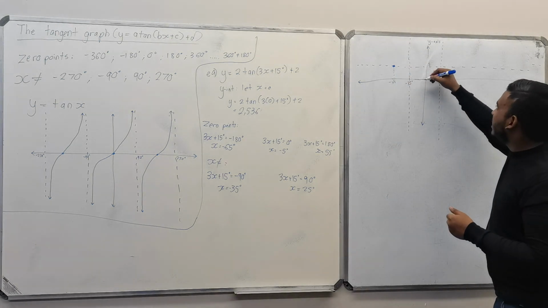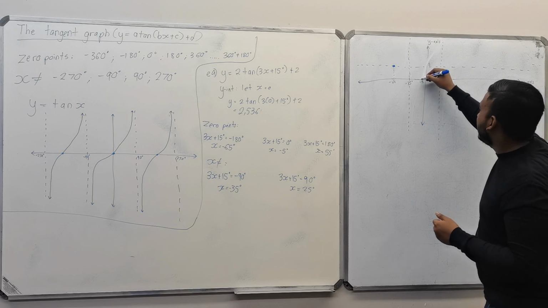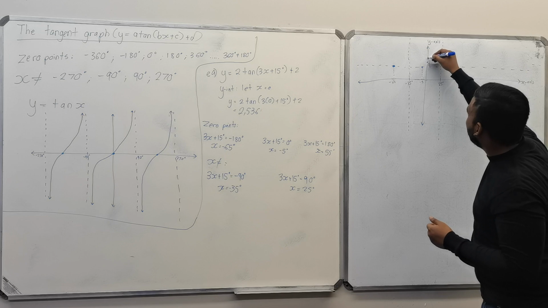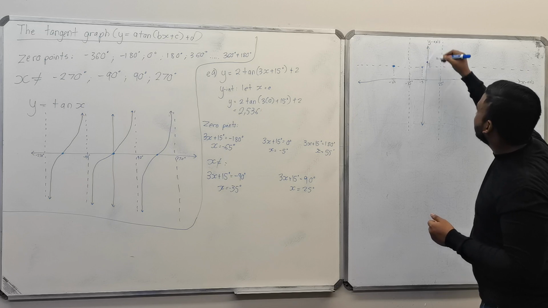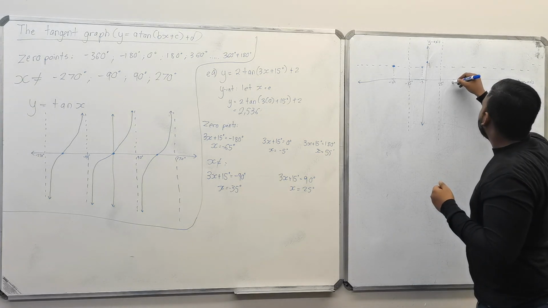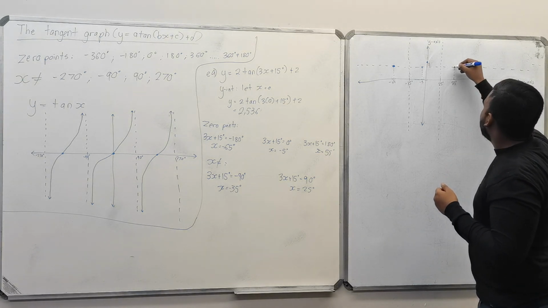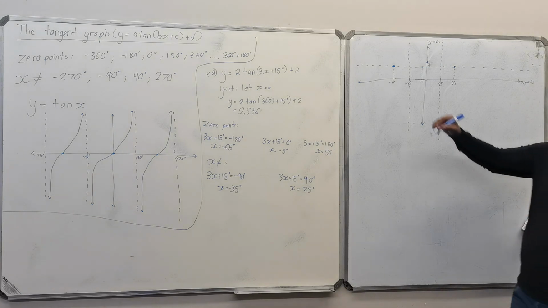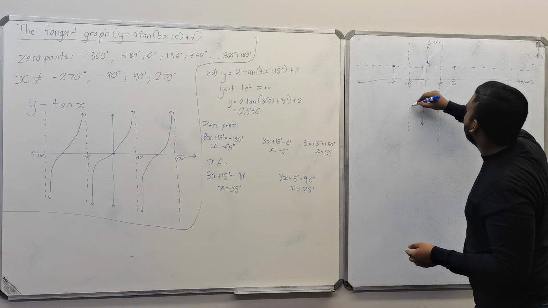The other one was minus 5. If minus 5 is here, that is the y-intercept, and then what is the other one? 55. That is the center point, right?